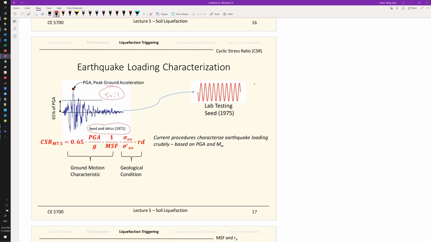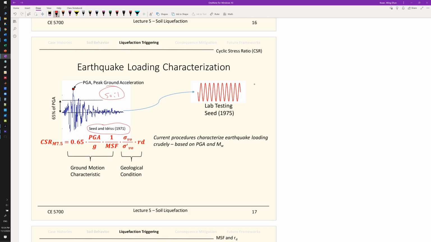If you have a vertical stress greater than 1 atm, atmospheric pressure, it rarely happens, especially at 3 to 5 atm. That is too confined, too high a vertical stress for liquefaction to happen. So pretty much it's a shallow ground behavior.